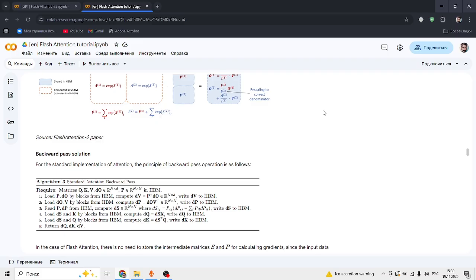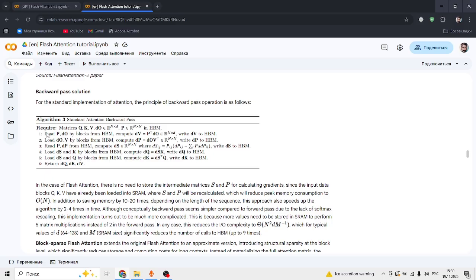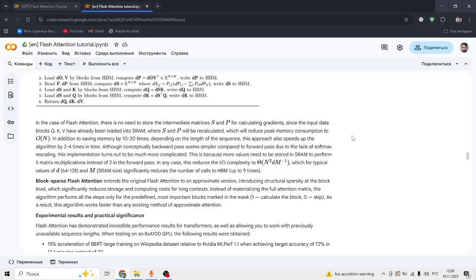Another thing is linked with the backward pass. In standard attention mechanism, it looks like this. But in the case of FlashAttention, we don't need to store intermediate matrices S and P to calculate gradients.